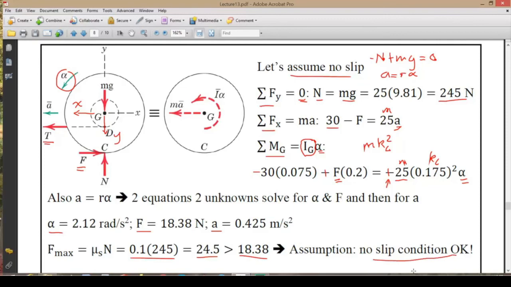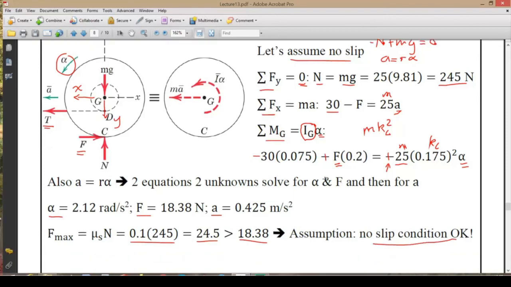No slip occurs. Now, what happens if it didn't happen? What happens if mu s was half of this? Let's say 0.05. If mu s was half of that, then our assumption would not hold. So how do I change my equations in that case? The first equation about Fy would stay the same.